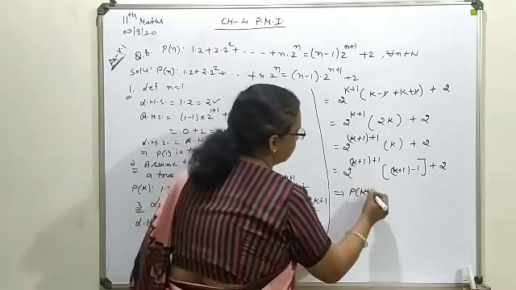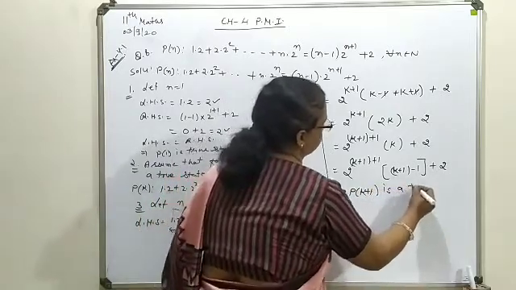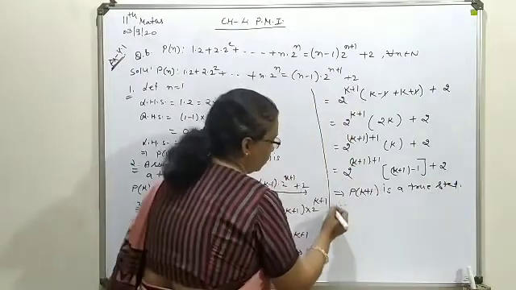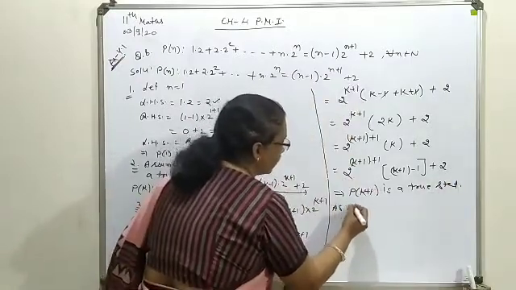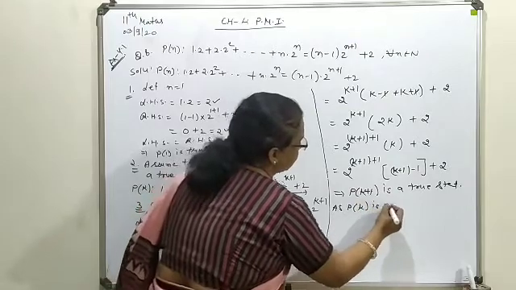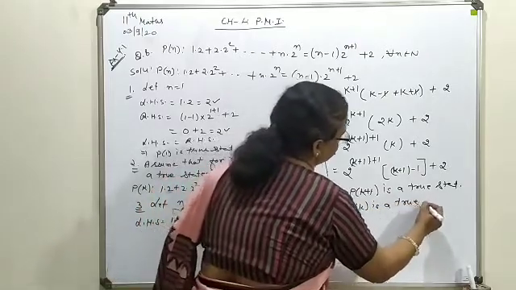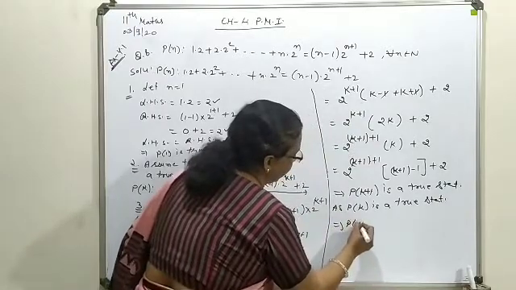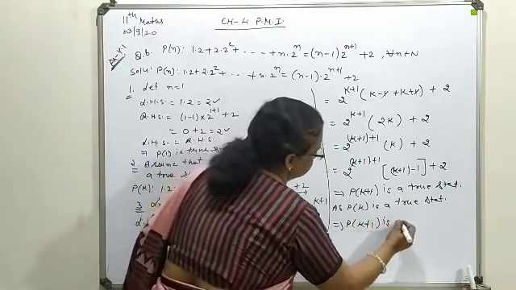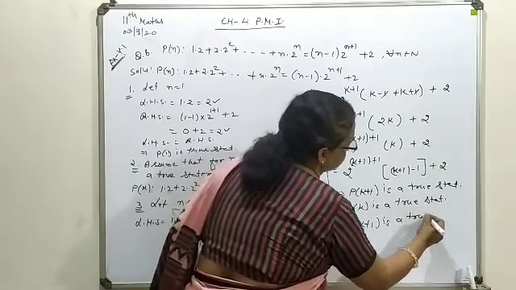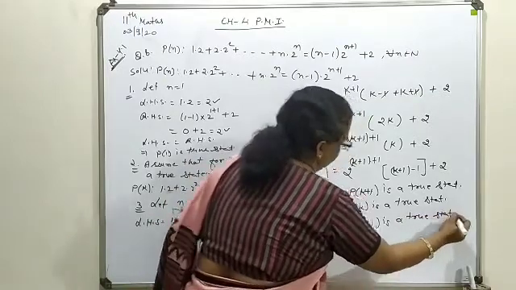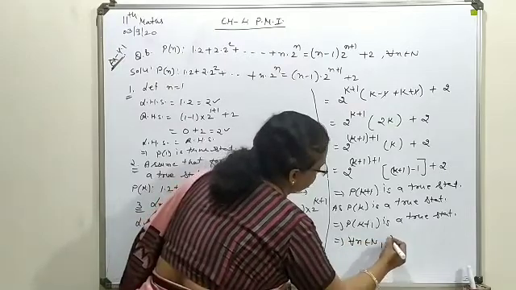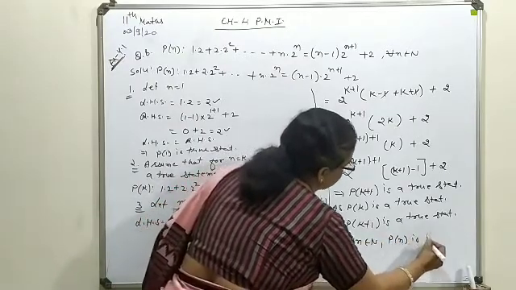As Pk is a true statement, Pk plus 1 is also a true statement. Therefore, for all values of n, Pn is true.